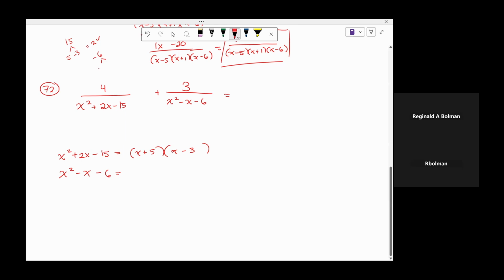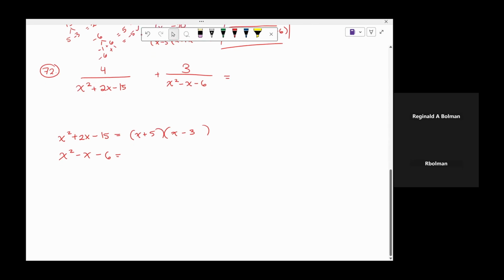You'll note that negative 1 and positive 6, if I add these together, I will get a positive 5, which of course is not what we want. But if I do a negative 6 and say a positive 1, that will indeed give me that negative 5 value that I'm looking for. So this tells me that my factors must be x minus 6 and x plus 1.